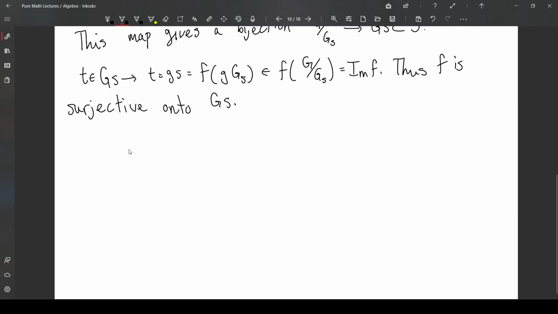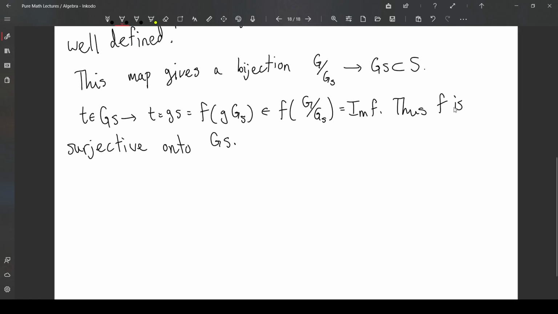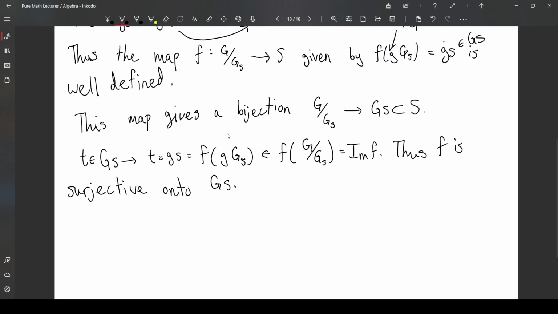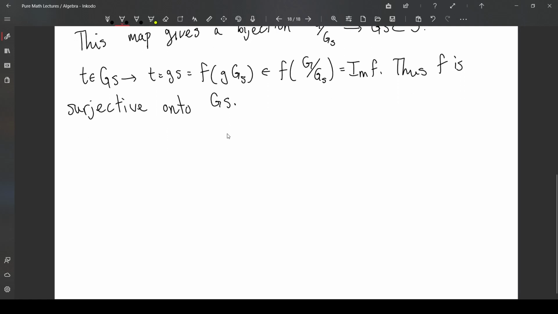Now we just have to show that F is injective. Now remember that F isn't a homomorphism because neither of these two things are groups. So we just have to show it's injective the good old-fashioned way, which means that if f of GGS is equal to f of HGS, this implies by definition that GS equals HS.